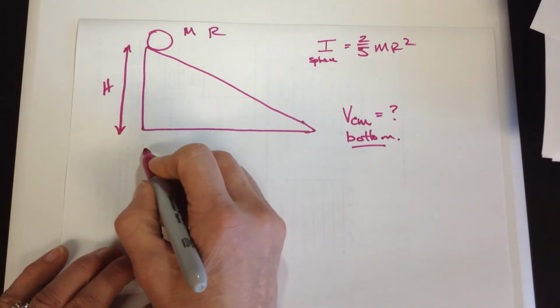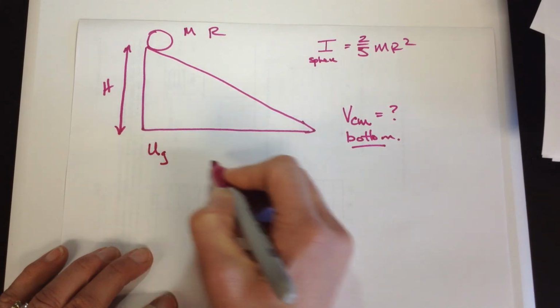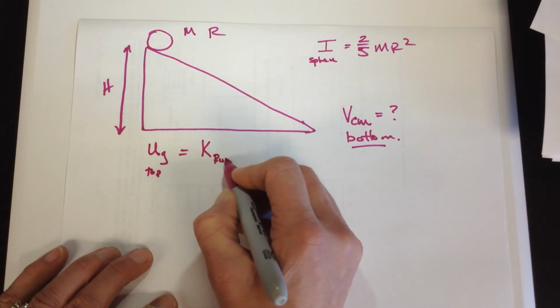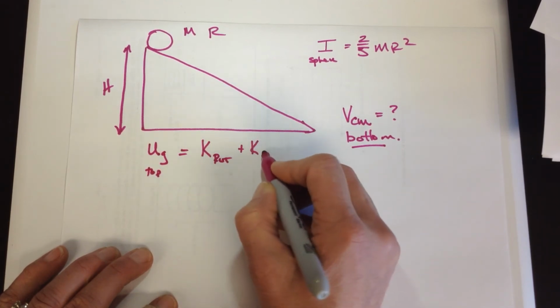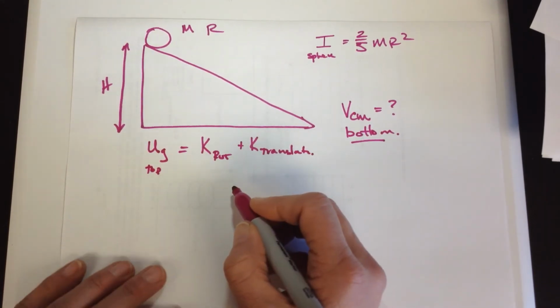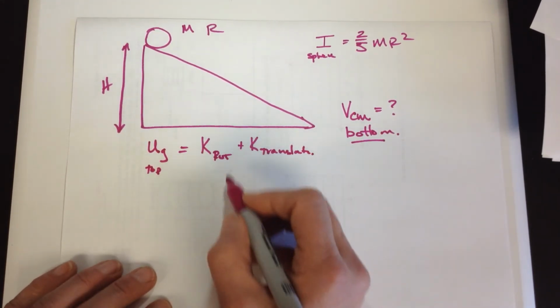So our conservation of energy is going to say that our total gravitational energy at the top has to equal our rotational kinetic energy plus our translational kinetic energy. So I'm just going to put these through, and we're going to see what it looks like.